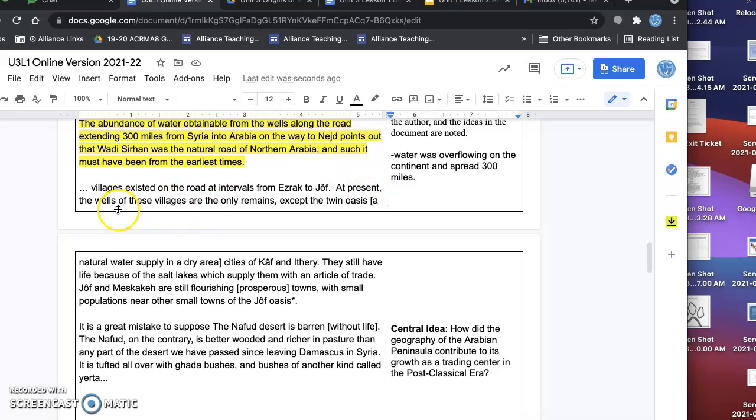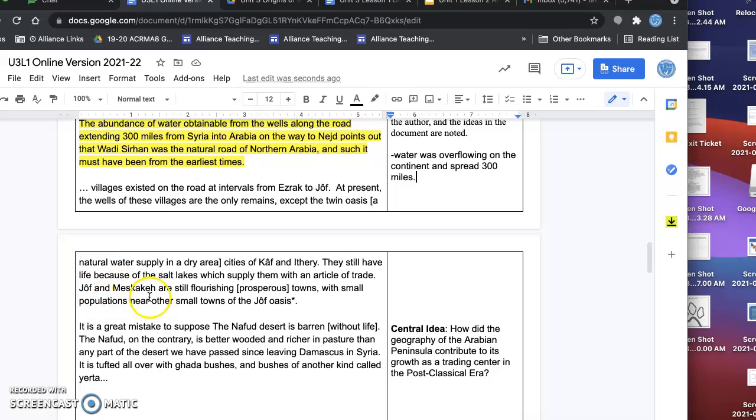At present, the wells of these villages are the only remains, except the twin oases, a natural water supply in a dry area, cities of Kaf and Ithri. They still have life because of the salt lakes which supply them with an article of trade.